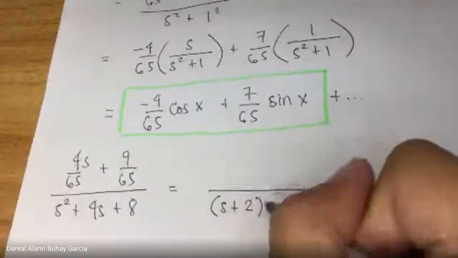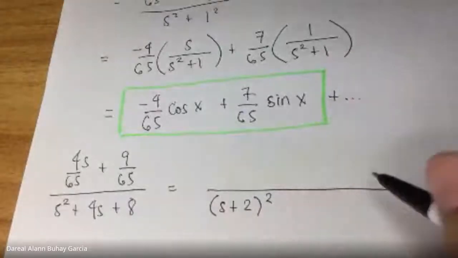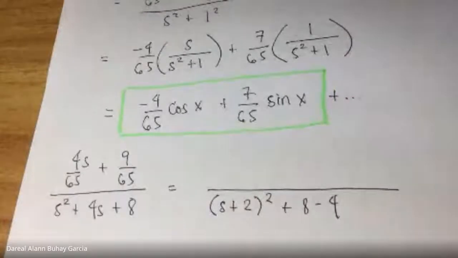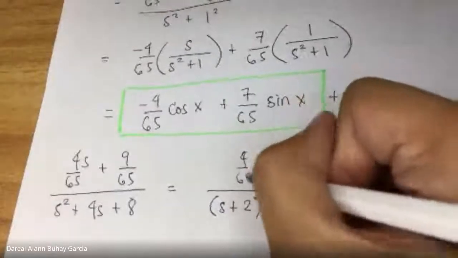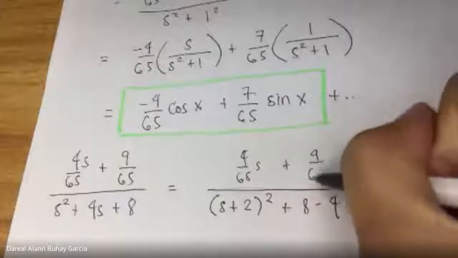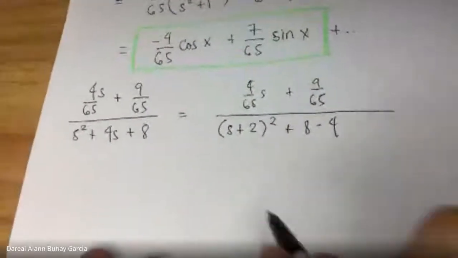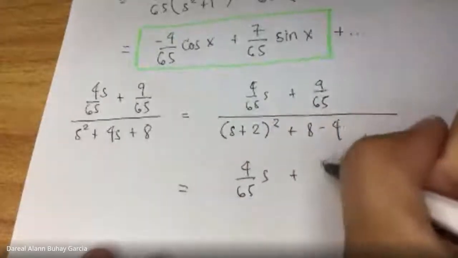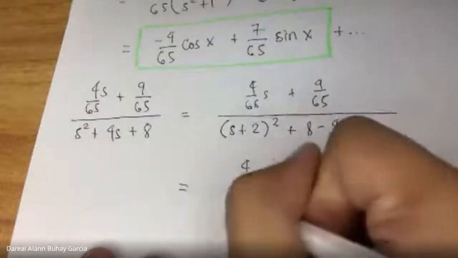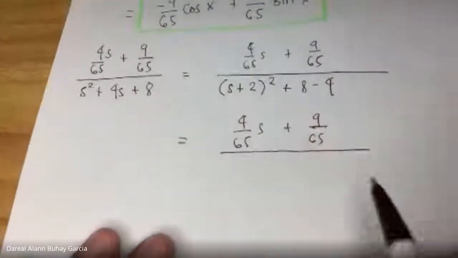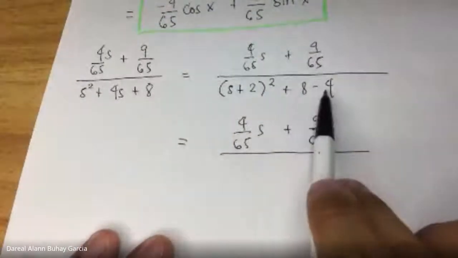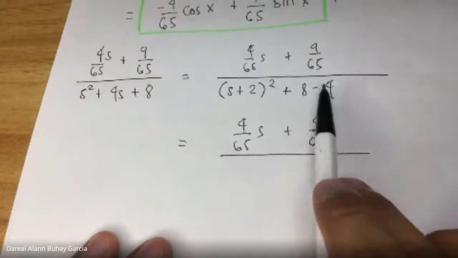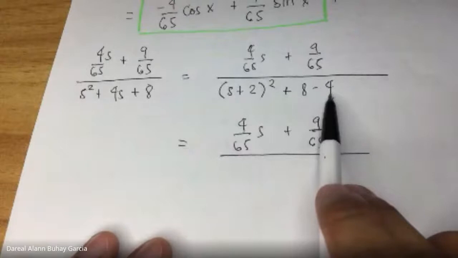S plus 2 squared, plus 8 minus 4. 8 minus 4 is 4, which is 2 squared.